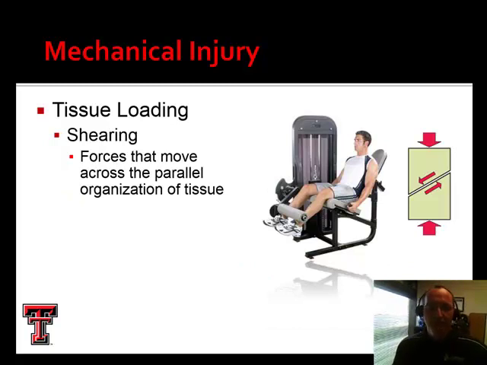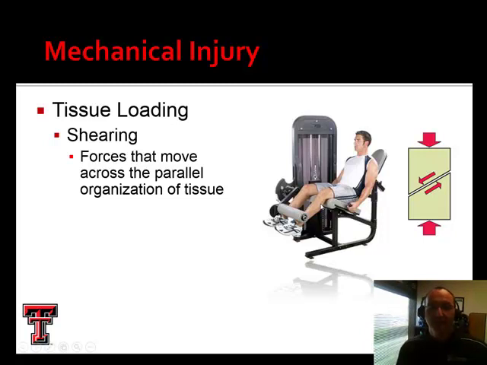Shear forces move across. So if the structure of the bone or the muscle or the tendon runs vertical, shear force runs across that orientation. We've got an example here of a fellow doing leg extensions, and one reason we don't use this equipment in rehab for knee instability, ACL reconstruction namely, is that it induces shear forces into the knee.